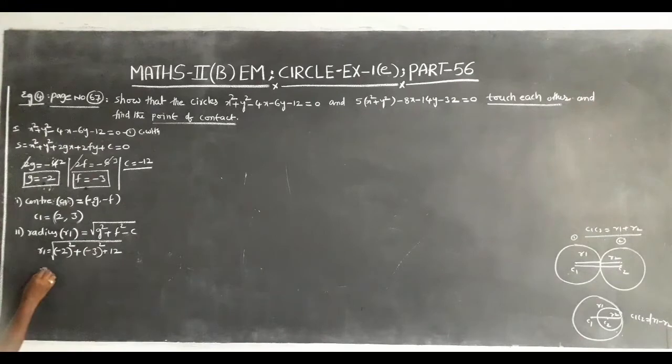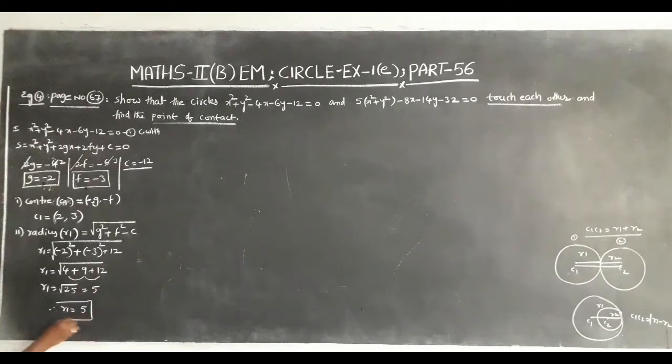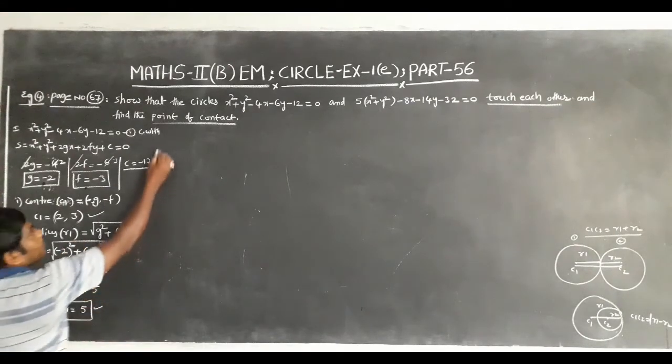R1 is equal to under root of 4 plus 9, 13, 13 plus 12, 25. Root 25 means 5. Therefore R1 is equal to 5. This is the center, this is the radius of the first circle.